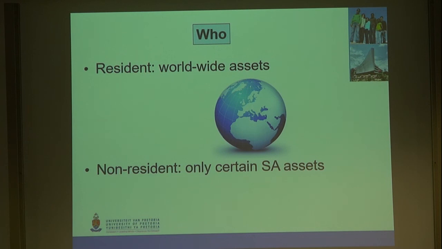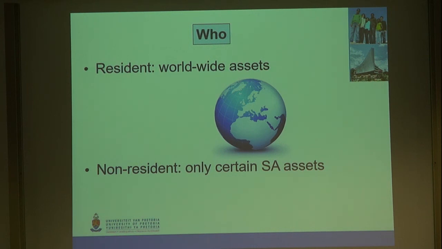So what happens if the country where you sell your asset is a tax haven? Okay, if the country you sell your property in is a tax haven, that would probably just mean that you're not paying tax in that country, right? But in South Africa, you're still going to pay tax. If it's not a tax haven, if there is tax there, we're going to have to look at whether there are double tax agreements.